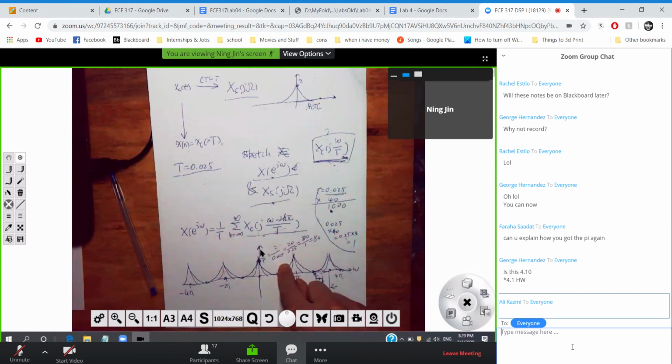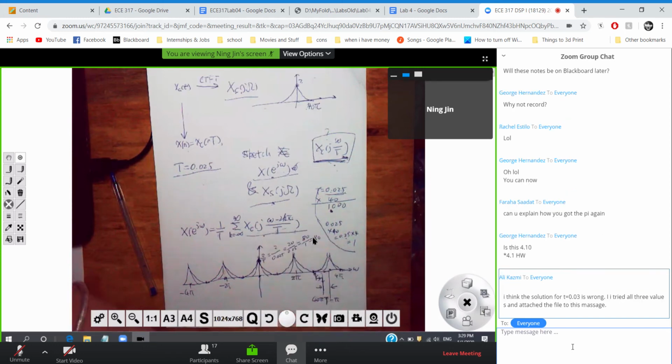This graph is actually a realization of this formula. These two are the same thing. One is described by a formula, one is a graph. This is the formula, and this is the graph.